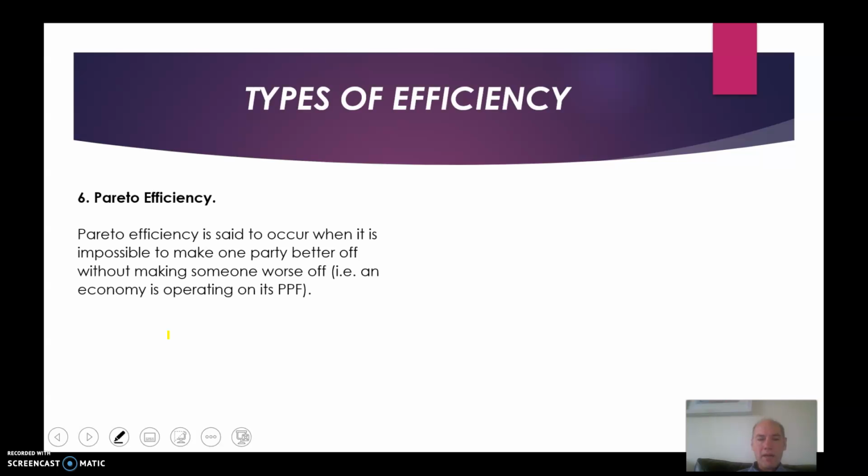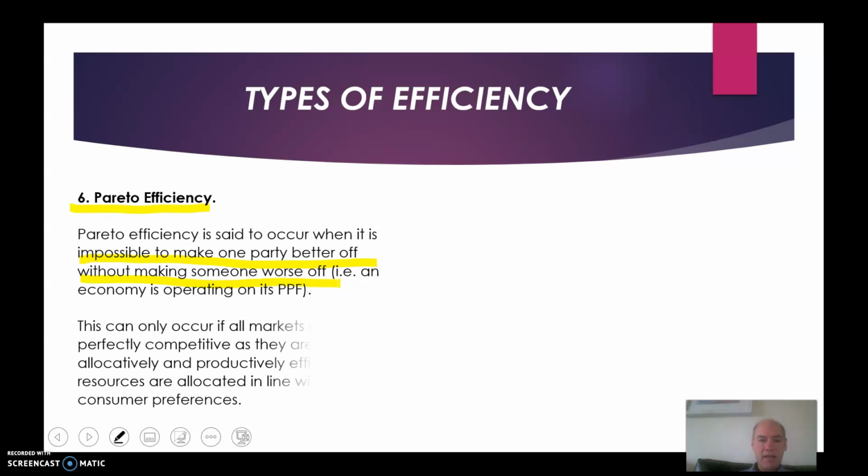The last of our main types is Pareto efficiency. You can relate this back to when we were talking about production possibility frontiers at the start of your AS year. Pareto efficiency basically says it's impossible to make one party better off without making another worse off. So that means the firm is operating on its frontier.